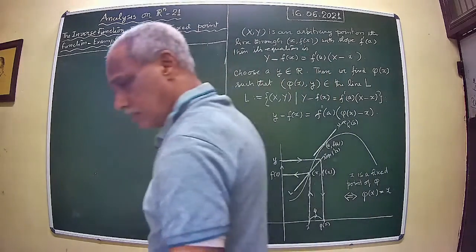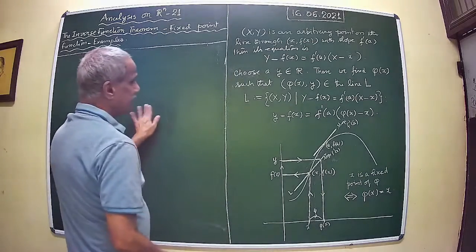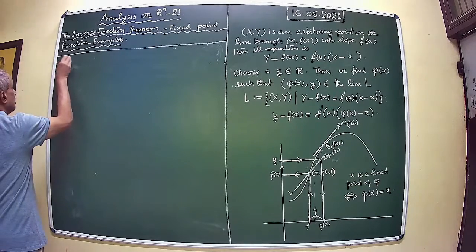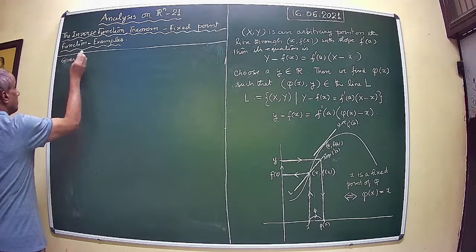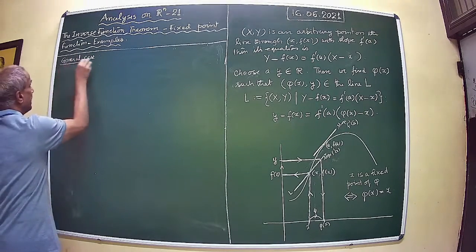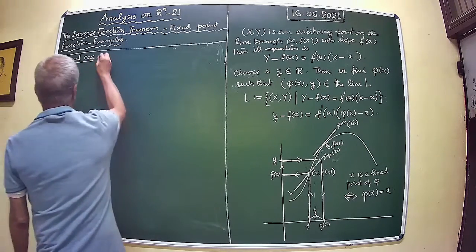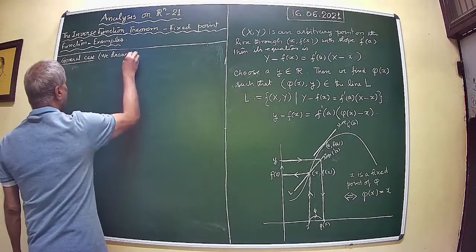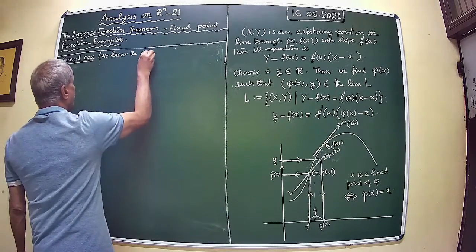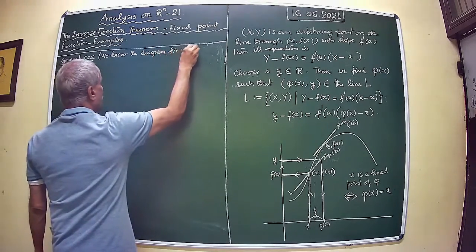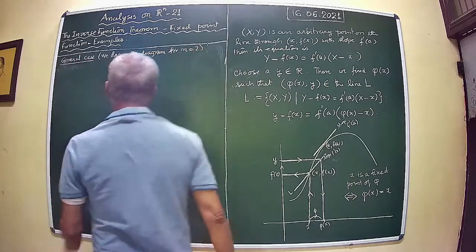So we draw the picture in R2, but essentially for Rn. So we draw the picture for n equal to 2, but that essentially tells you what it is.